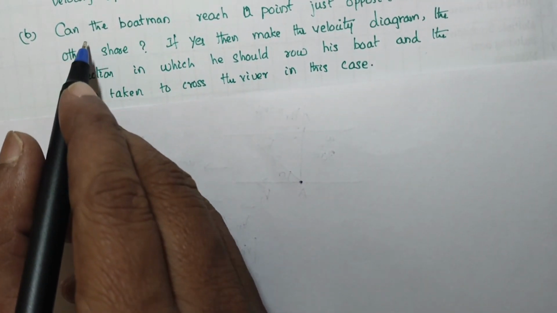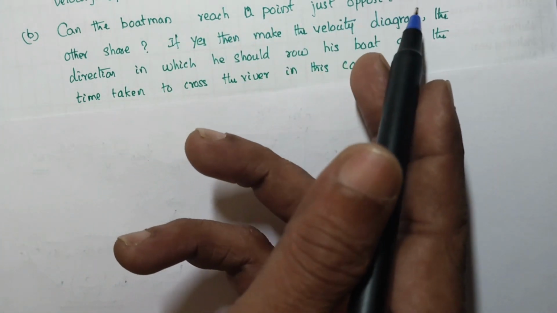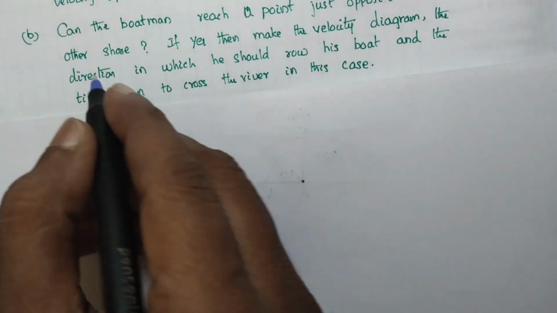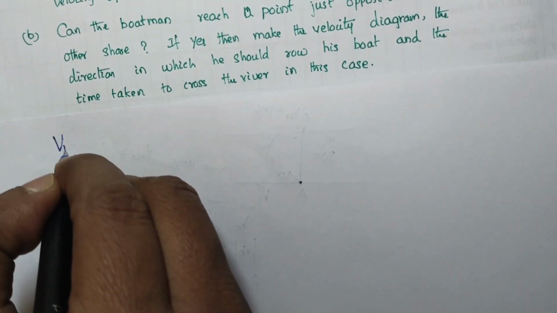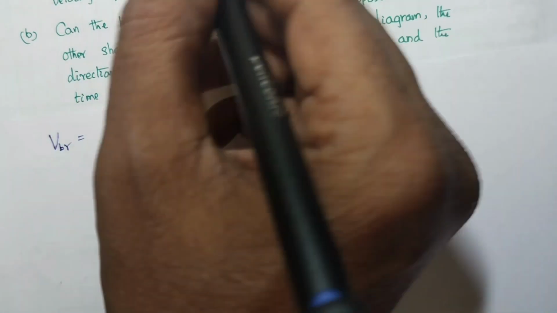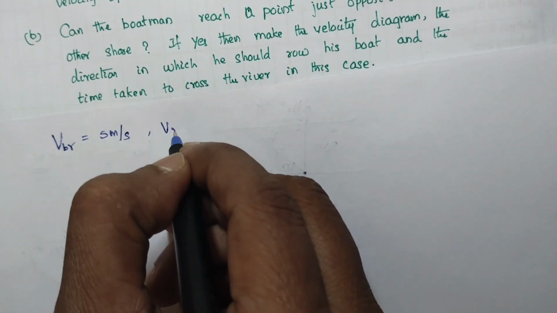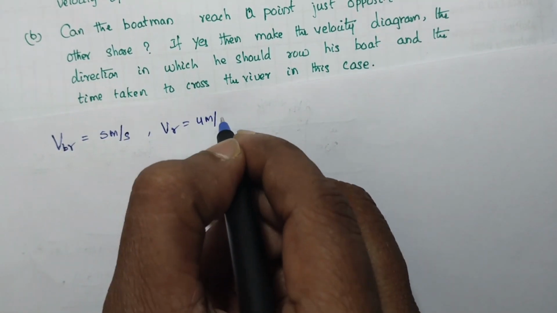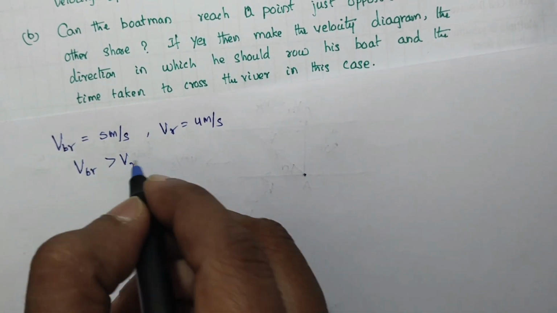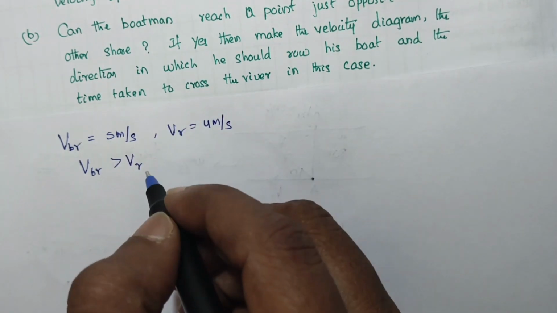And then the second problem: can the boatman reach the point just opposite on the other side? To decide this, VBR is given as 5 meters per second, and VR is equal to 4 meters per second. Since VBR is greater than VR, it is possible to reach a point just opposite on the other side.